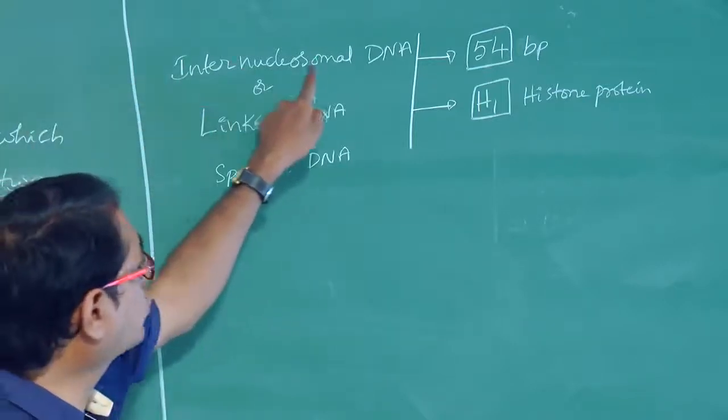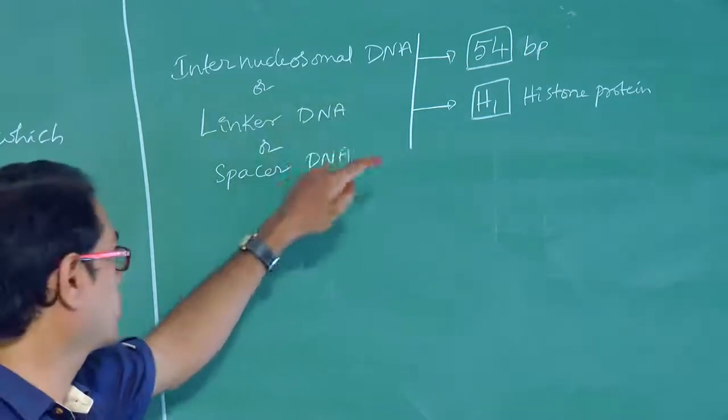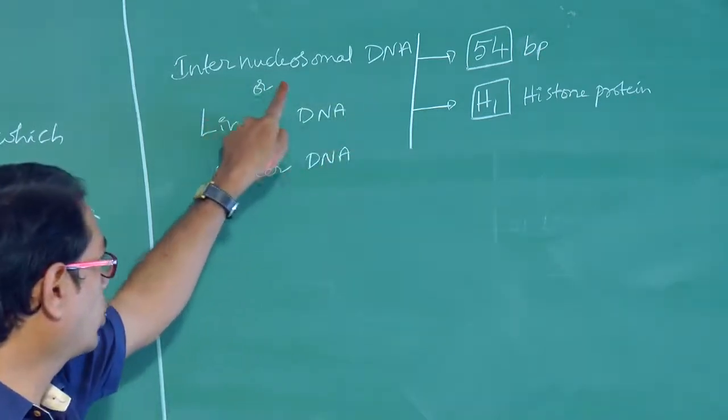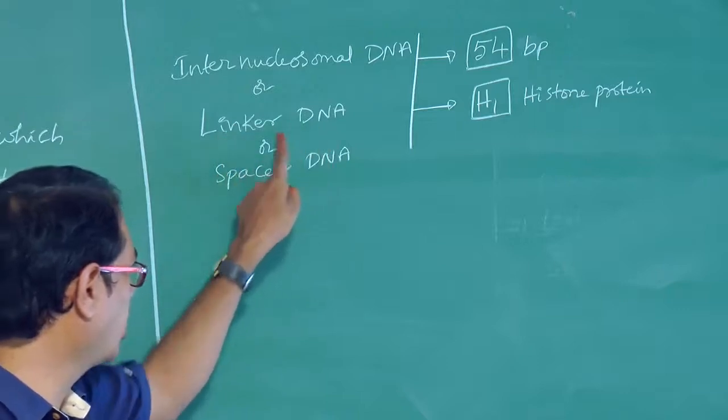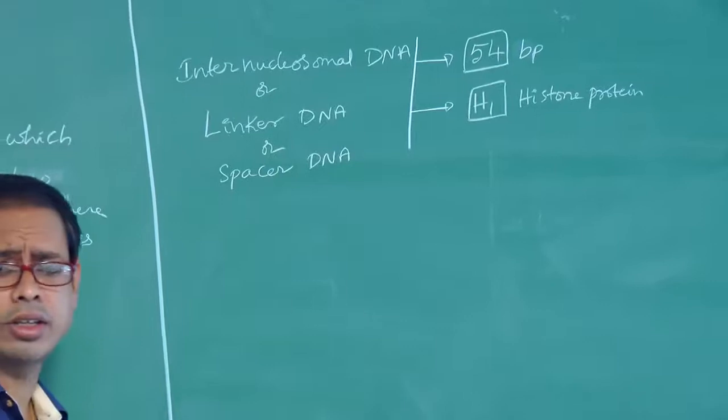So internucleosomal DNA means the DNA present between two nucleosomes. This internucleosomal DNA is also called linker DNA, also called spacer DNA. Like that we have to calculate.